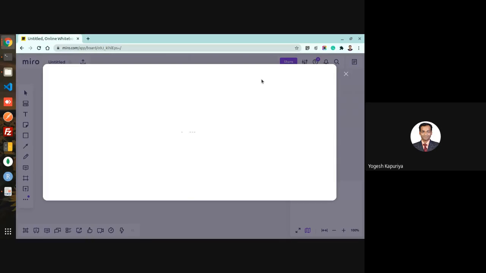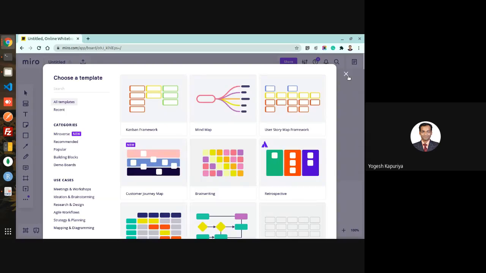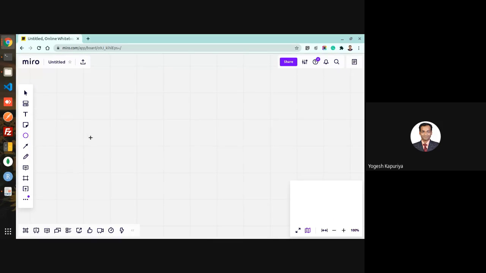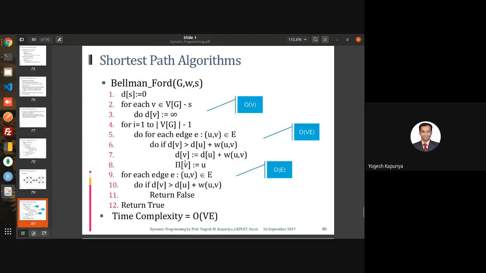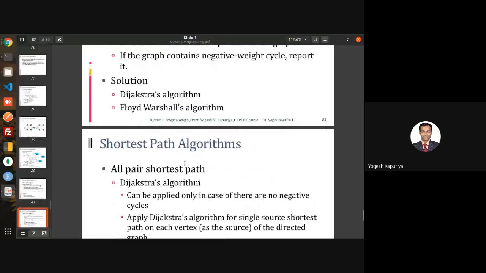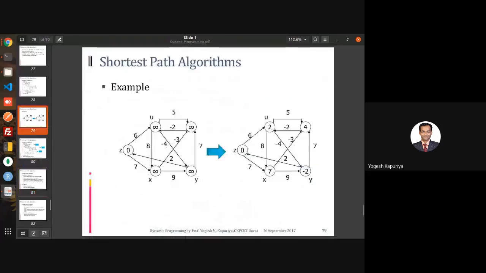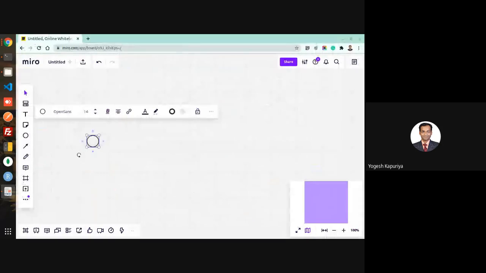So let's say we have this graph. We'll take the same graph which is there in my presentation.